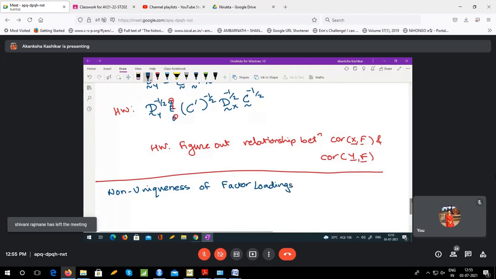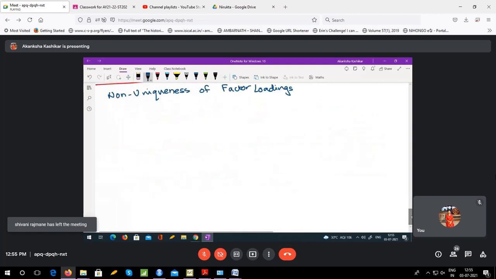First of all, there is no unique solution. You can rotate to get different solutions. So how does that happen? If I have the orthogonal factor model as X equal to QF plus U plus mu, this is one solution. So here, this particular choice of Q and F is going to provide me one solution.